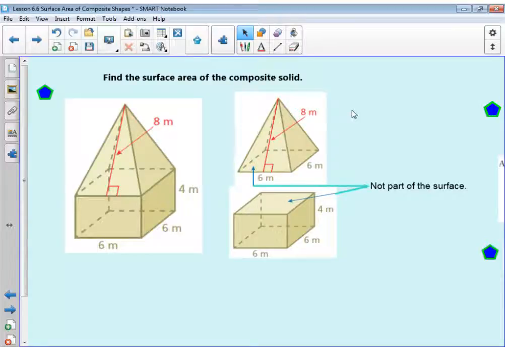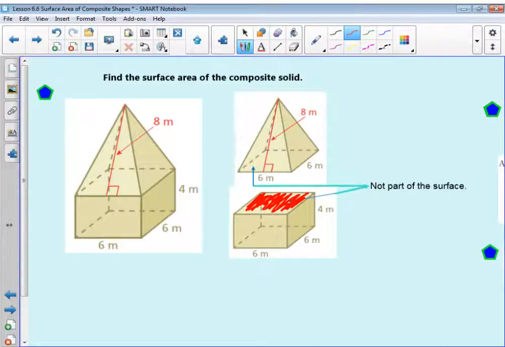When we do our prism surface area, we have to think, what sides are we going to need? Well, we're not going to be using this side here. We will include the bottom, even though maybe this is sitting on the ground. We're still going to include the bottom, because if you build a house, you do have flooring that would make up the bottom of your house. So we're going to go ahead and include that.